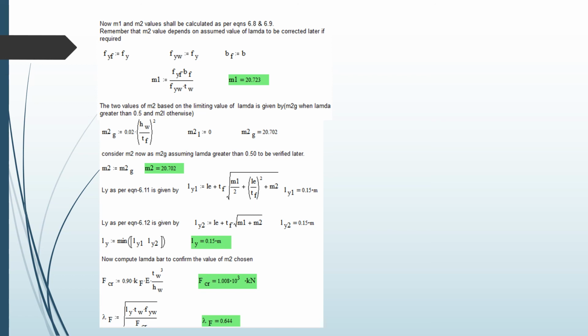So we shall proceed for the calculation of Fcr, which is 0.9 into kF into E into tw cubed divided by hw, and this works out to be 1008 kilonewton. Now we proceed for the calculation of lambda F, that is the square root of ly into tw into fyw divided by Fcr. This is equal to 0.644, and this is greater than 0.5 as per our assumption. Therefore, no modification is required.